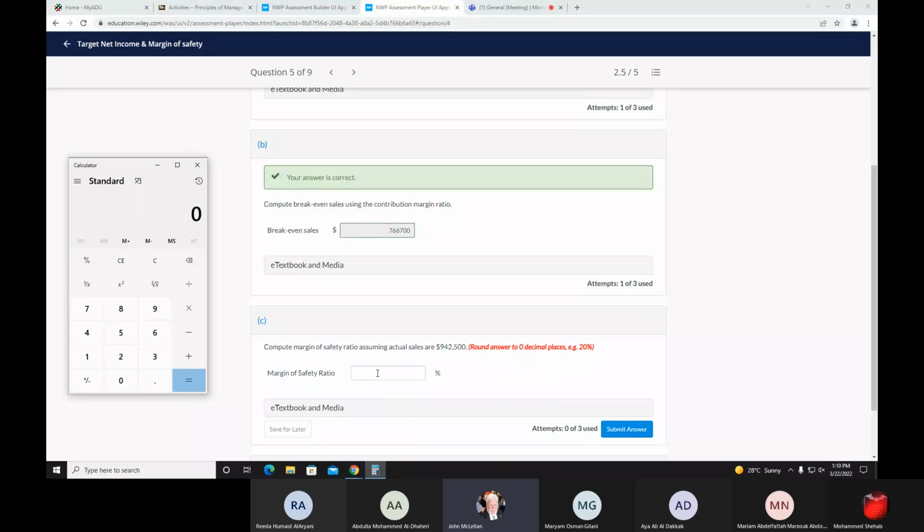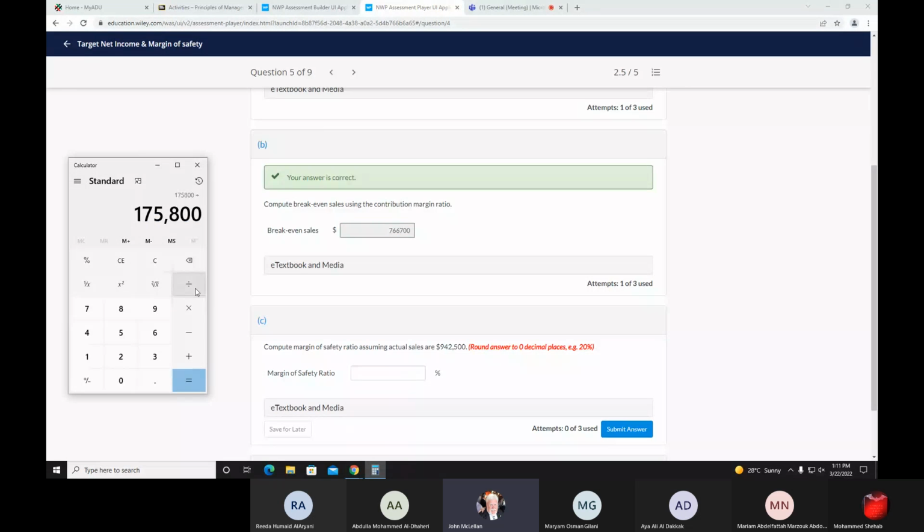So I subtract those two. I get the margin of safety, but they want the ratio. So now I take the margin of safety as a percentage of sales. And I don't know what that sales is. Okay, there's my margin of safety, 175.8.